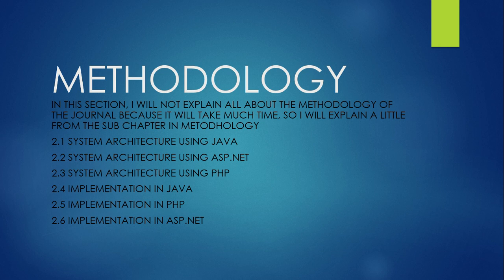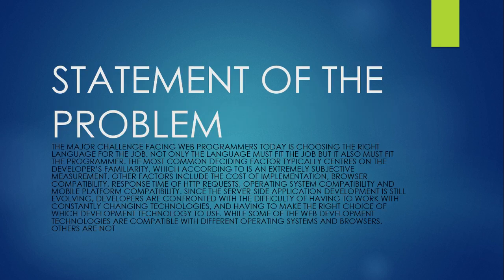The second is system architecture using ASP.NET, and the third subchapter is system architecture using PHP. The fourth subchapter is implementation in Java, the fifth subchapter is implementation in PHP, and the last subchapter explains implementation in ASP.NET.